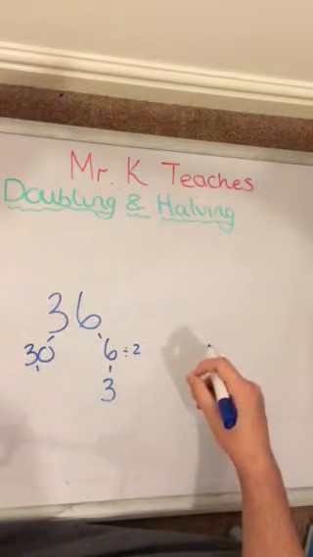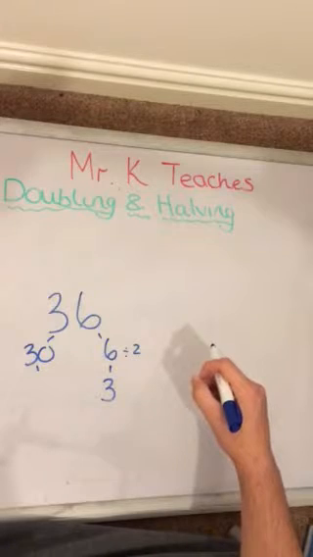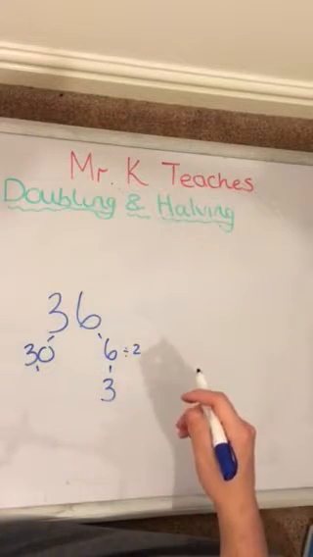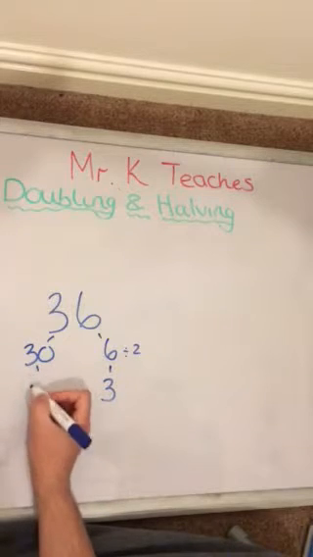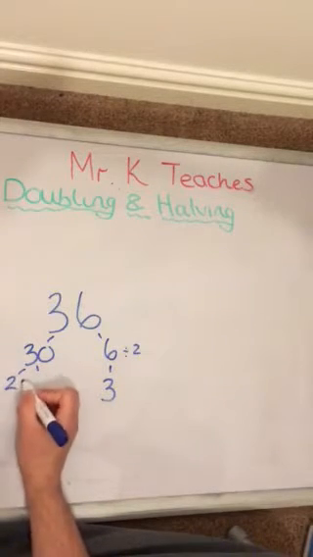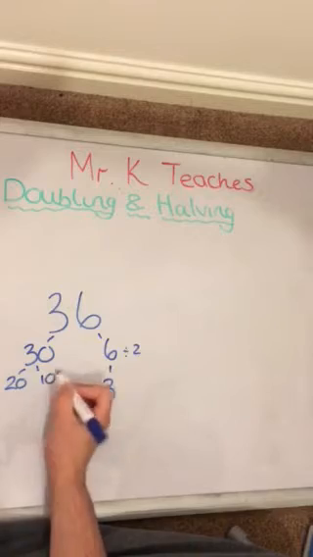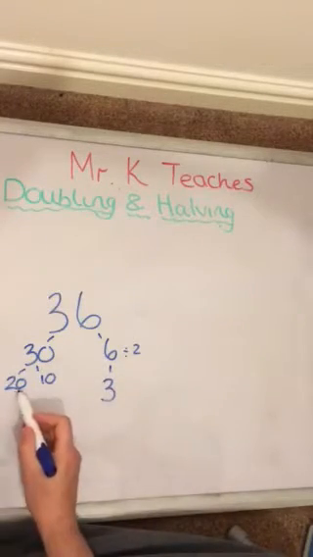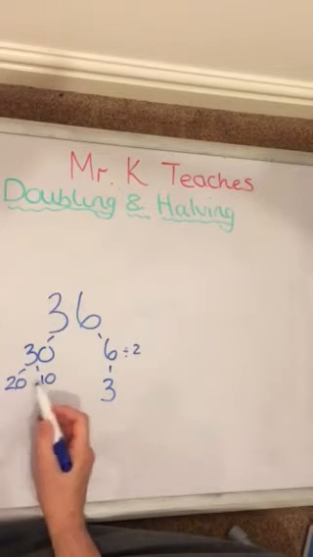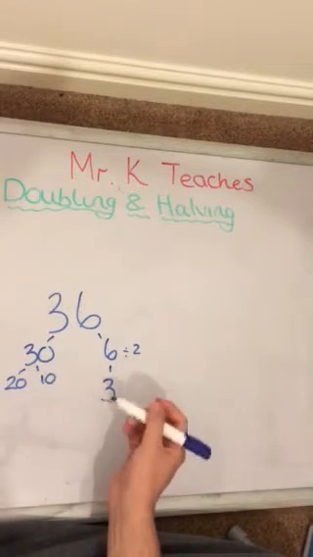30 halved, tricky. So we've got to do partitioning even more. I know, tons of partitioning. 30 is the same as saying 20 and 10, because 20 plus 10 equals 30. 20 and 10, both of them can be halved equally.